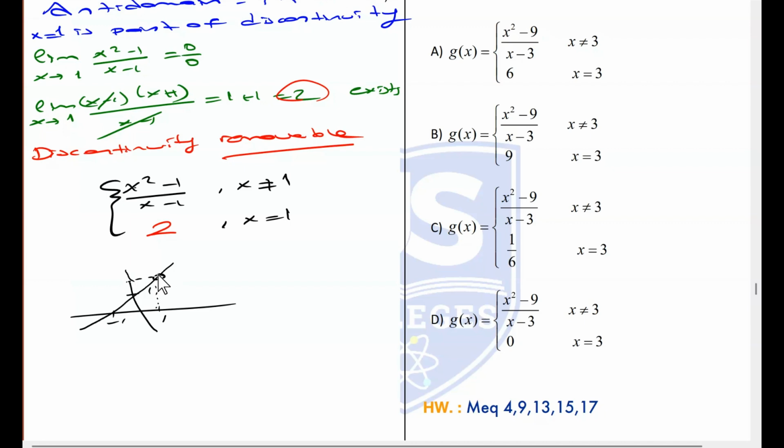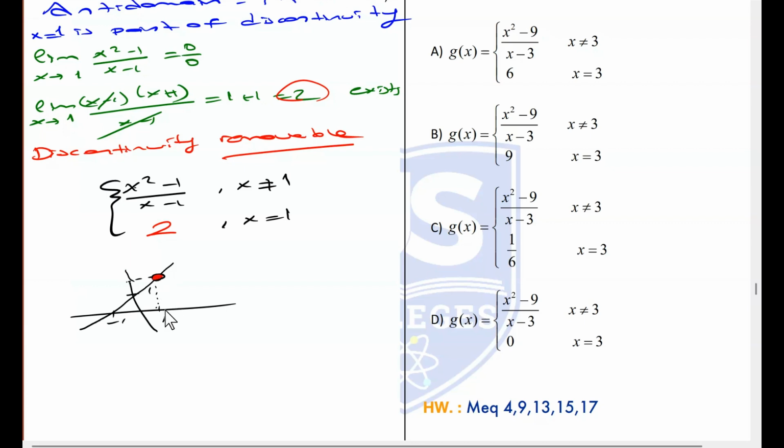Somewhere here, there is supposed to be a gap, a hole. So this is what the x squared minus 1 over x minus 1 function looks like. It is not continuous normally. What I am doing by redefining the function is making this continuous by filling this gap.